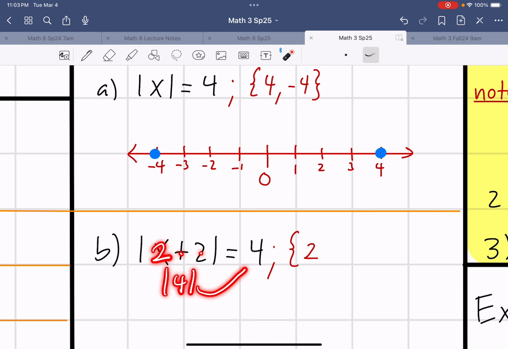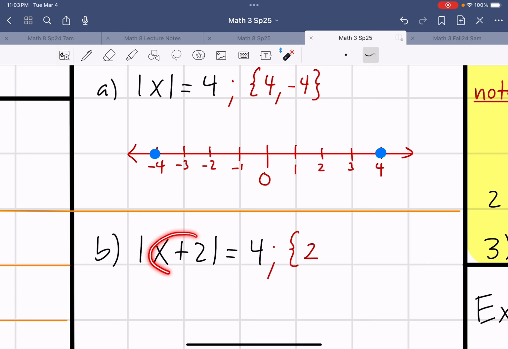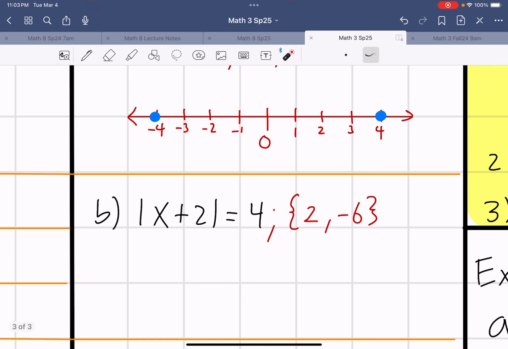The absolute value of 4 is +4. I also know that if I take the absolute value of -4, that will also give me +4. That's why this was part of my solution. But here, because I'm going to add 2 to that value of x, I know I'm going to need a -6 to do this, because I know -6 plus 2 gives me -4, and the absolute value of -4 is, once again, +4.